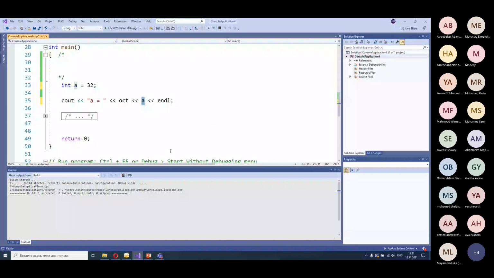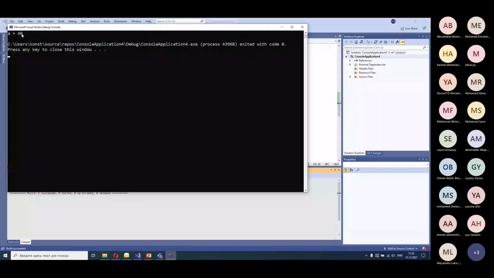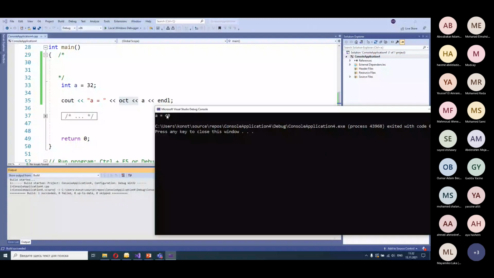Here, 32 is in the decimal system of notation, but when I use oct, it is output to the screen in octal. It is 40. 32 in decimal corresponds to 40 in octal.